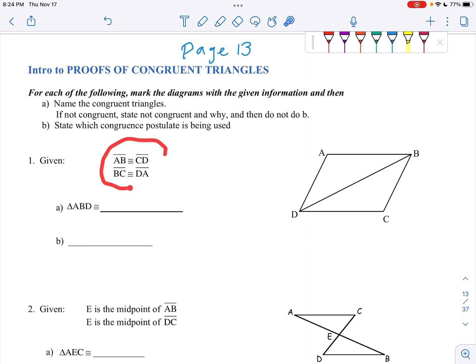The beginning steps are, let's take this information and get it onto our diagram. The first thing says that segment AB is congruent to segment CD, so I'm going to mark them congruent. It says that segment BC is congruent to segment DA, so I'm going to mark those congruent. And then this is where I have to look for more detailed information.